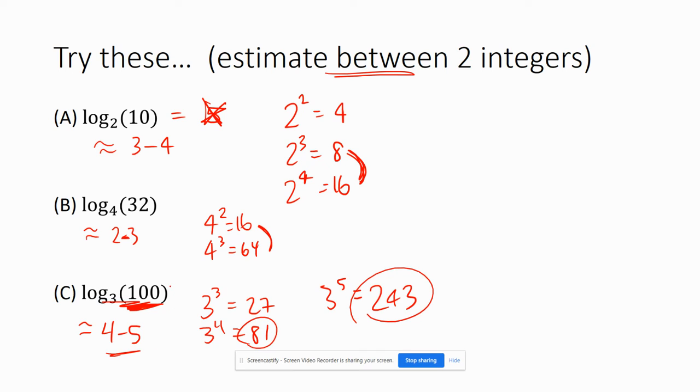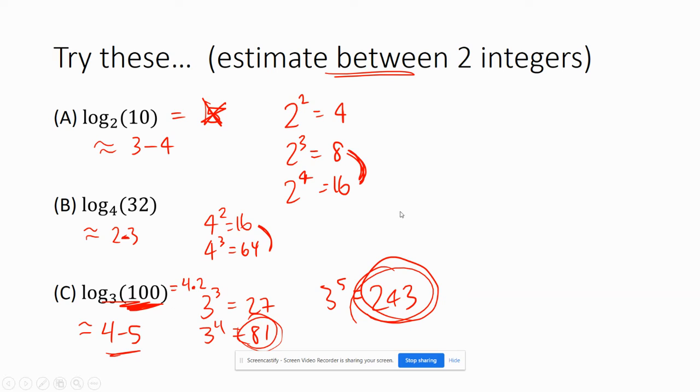So this value is about 4 point something. And it's probably closer to the 4 than the 5 because this got way, way higher. 81 is actually closer to 100. So it's probably 4 point, closer to 4, like almost 4.2, something like that.